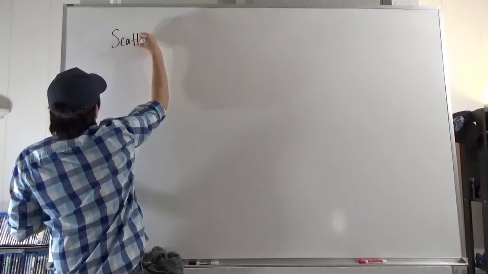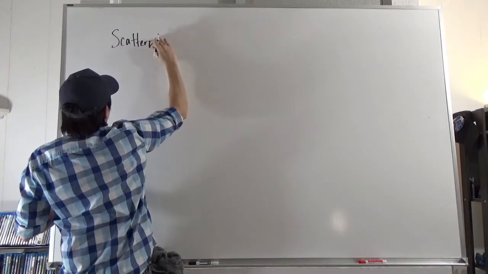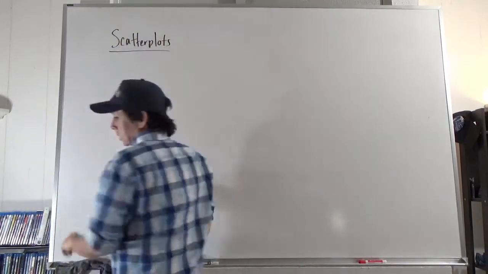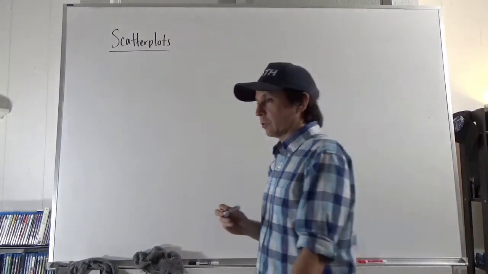Okay, next we're going to talk about scatter plots. Our book actually calls it scattergrams, but it's the same thing. Scatter plots being the more common term, so I'm going to stick with that.